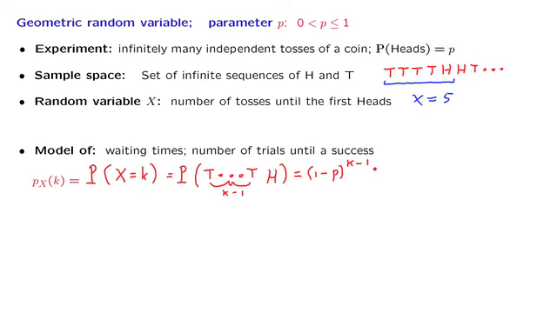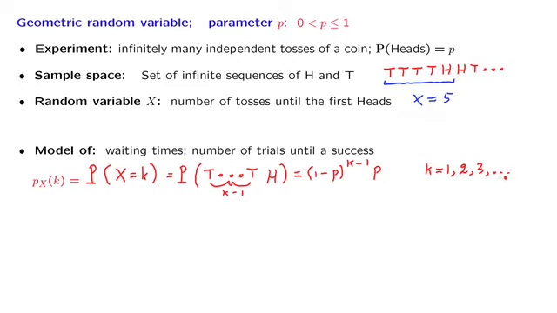So this is the form of the PMF of this particular random variable, and that formula applies for the possible values of k, which are the positive integers. Because the time of the first head can only be a positive integer, and any positive integer is possible, so our random variable takes values in a discrete but infinite set.